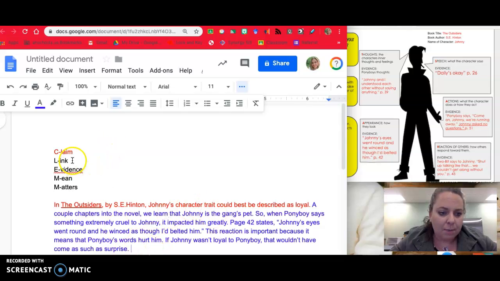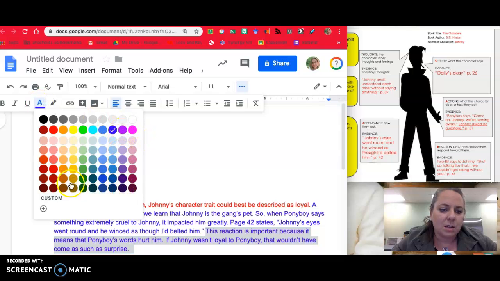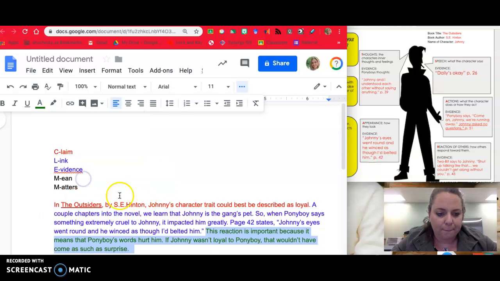So I told you I decided I'm going to put the link and the evidence in blue. Maybe I didn't tell you this, but I'm going to do that, and then I'm going to change the meaning and matters to a different color, just so you can see the distinction. So I'm going to turn this green, and I'm just going to smush them together for now.